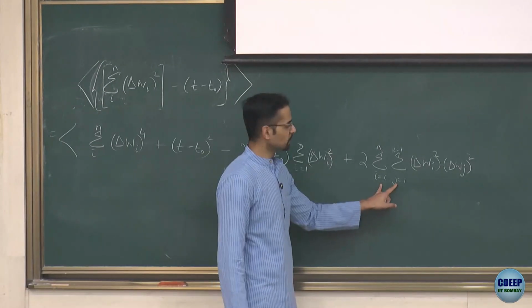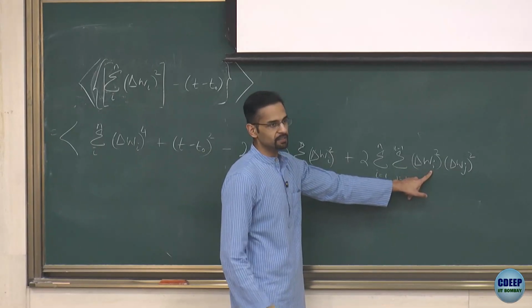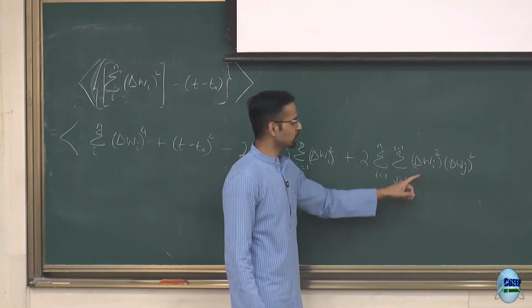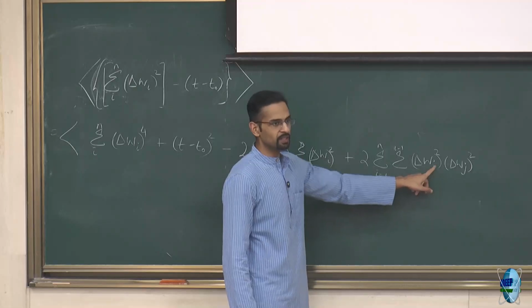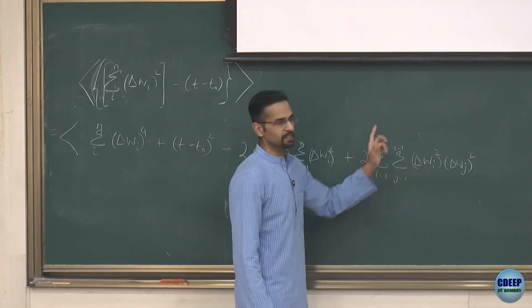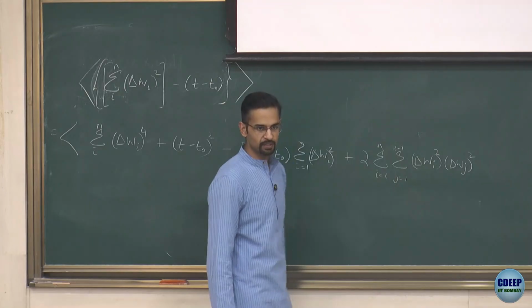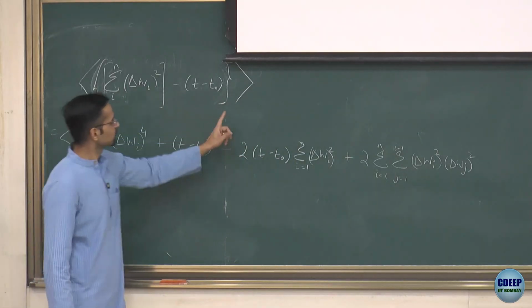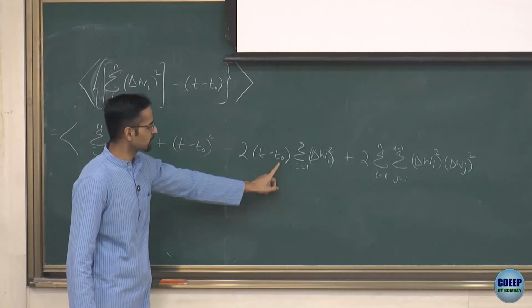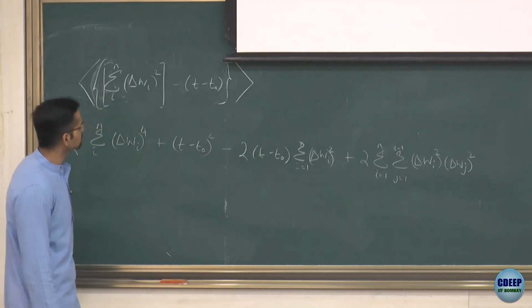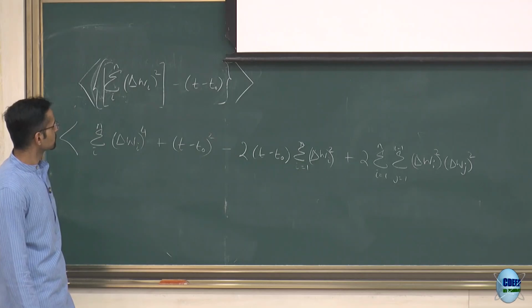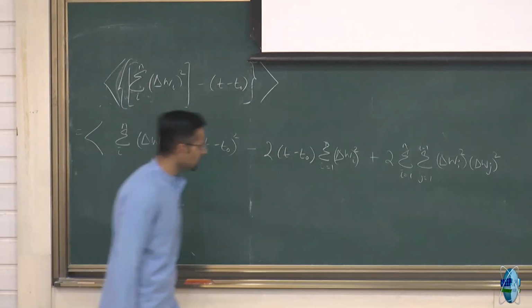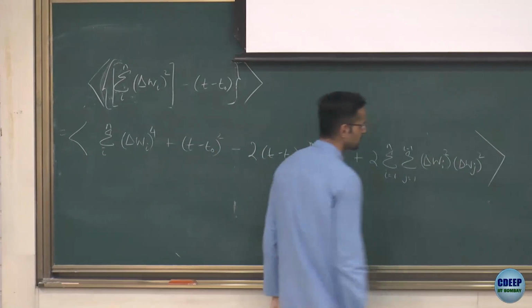So I take delta W1 into 0 because there's nothing below it. Then I'll have delta W2 squared with delta W1, and then 3, 2, 4, and so on. And these are the multiplications of each of those increments with delta t. And all of this is under the ensemble average.